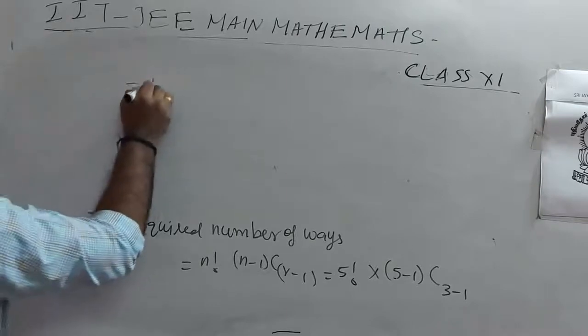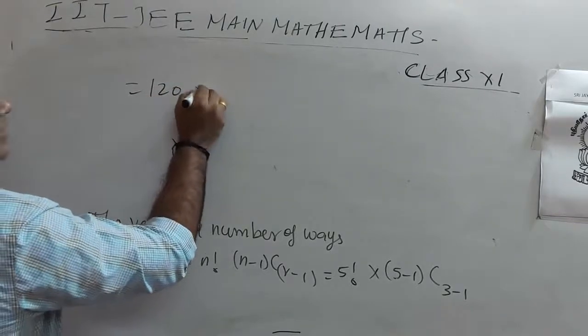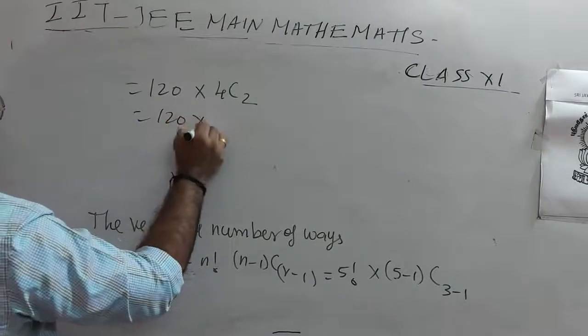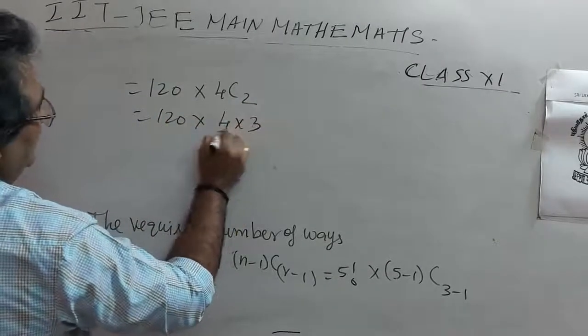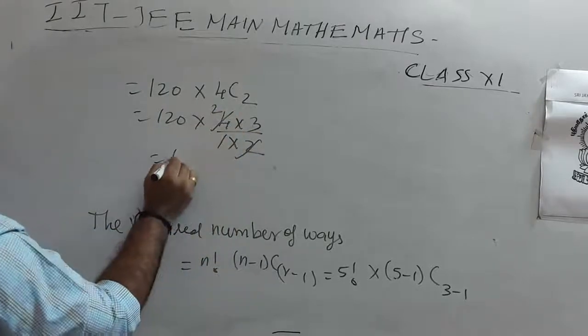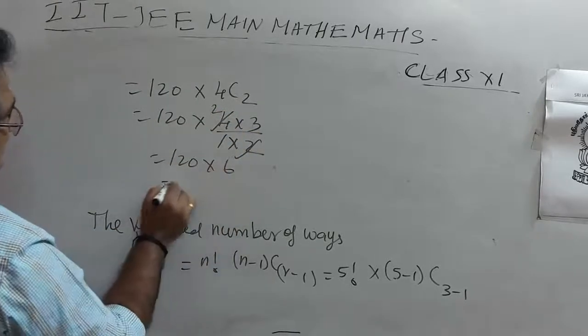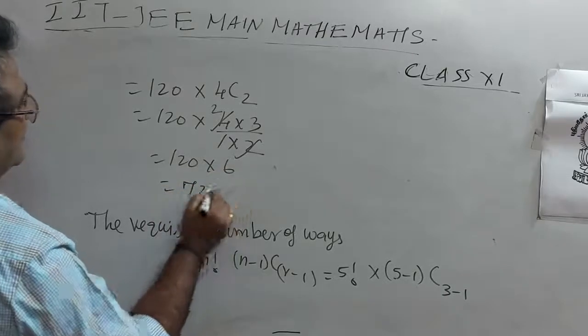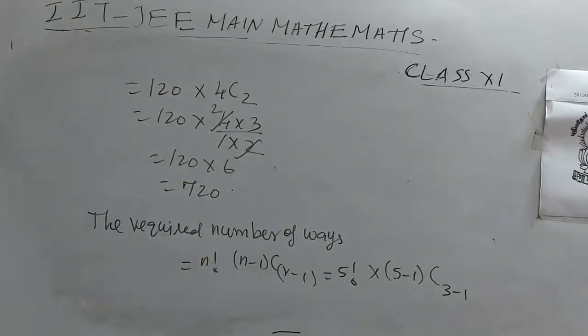So 5 factorial means 120 into 4C2, 120 into 4 into 3 by 1 into 2, 120 into 6, that is 720.